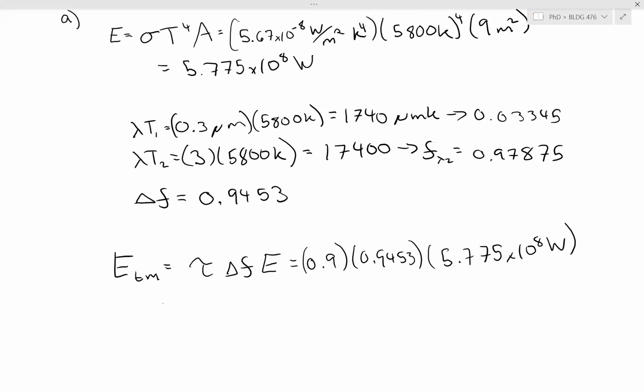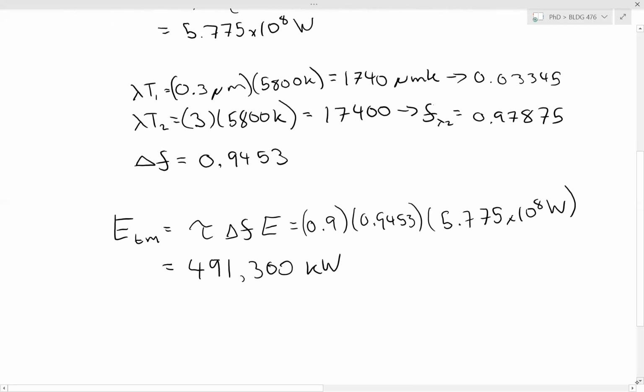This equals 491,300 kilowatts. So again, most of it is being transmitted. The total was 5, and we get about 4.9.